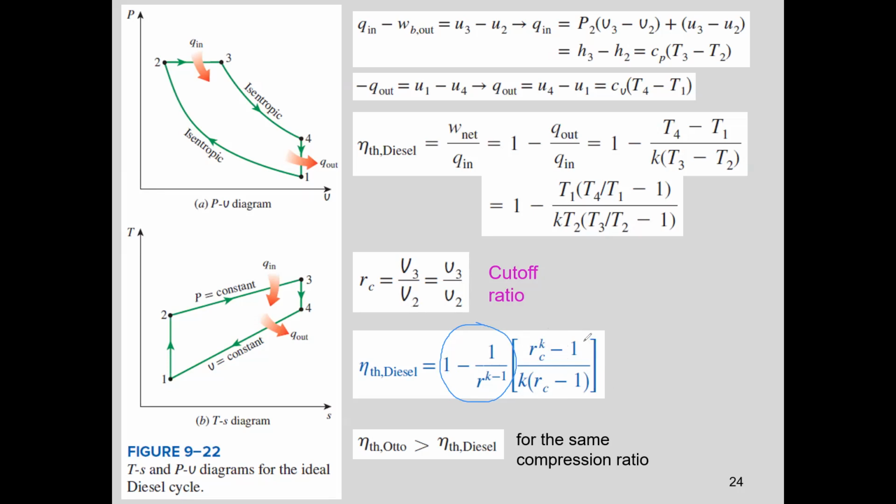So this term is less than 1, and which will decrease the efficiency. As a result, we can say that for the same compression ratio, Otto cycle thermal efficiency is greater than diesel cycle thermal efficiency.